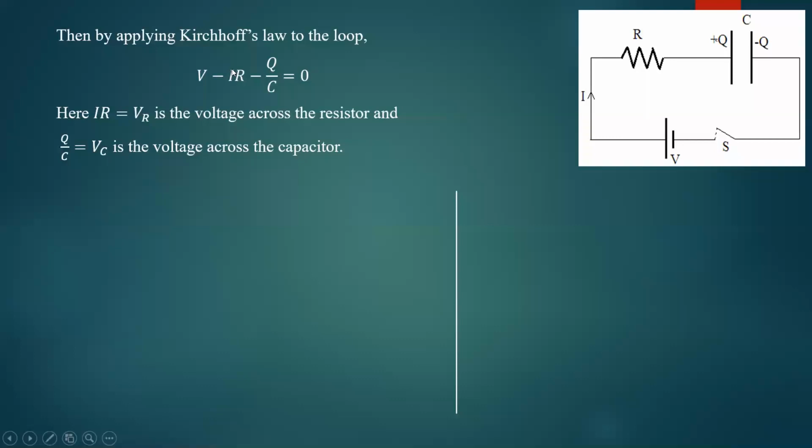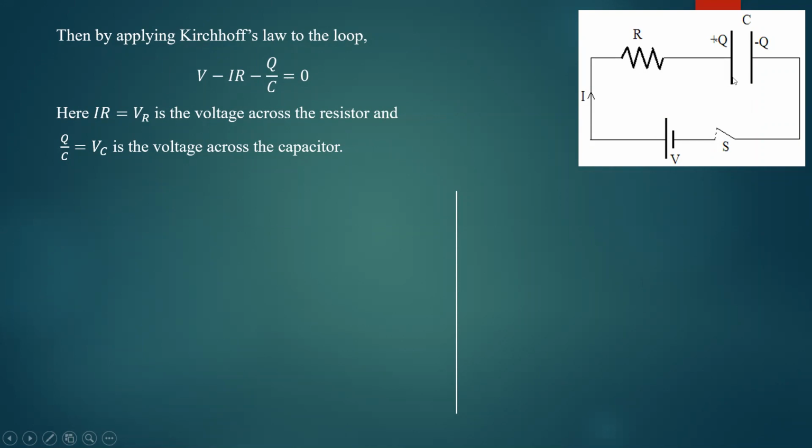I is the instantaneous current. This current is going to increase slowly, and charge is also going to increase slowly. Here IR is the voltage across the resistor, and Q by C is the voltage across the capacitor. So first you should know how to apply Kirchhoff's law. The applied voltage will appear across the resistor and across the capacitor.